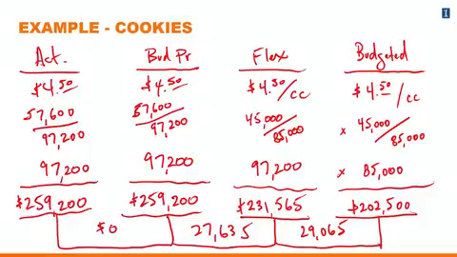Now, just like with cost variances, we can classify these individual variances as favorable or unfavorable. Looking at the volume or activity variance on the sales for chocolate chip cookies, you can see that the budgeted world, the column where all the information is budgeted, is being compared to two budgeted pieces of information, but then also one actual piece of information.